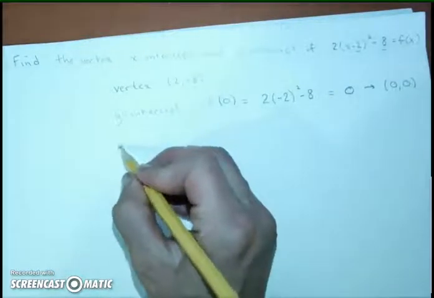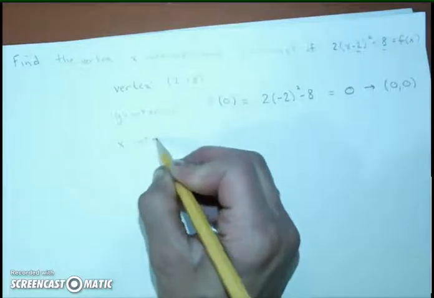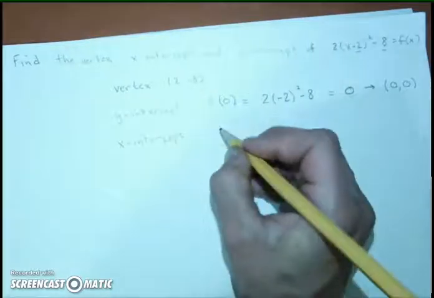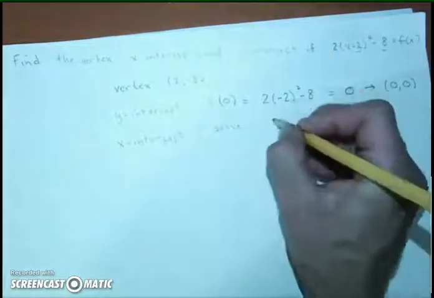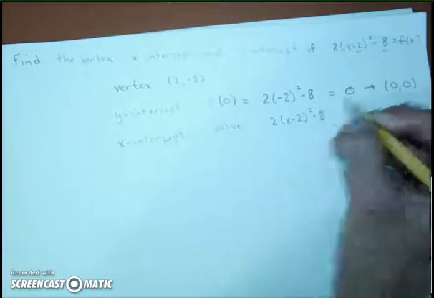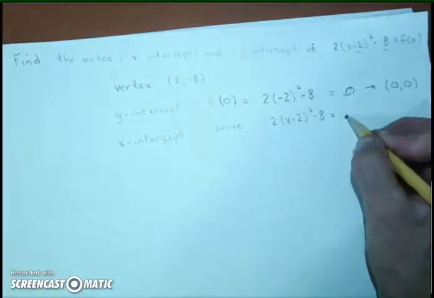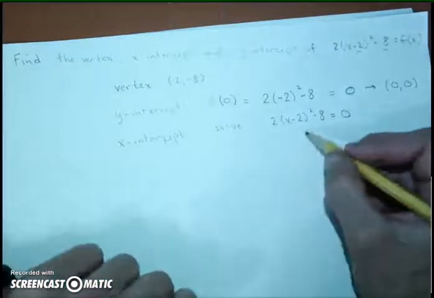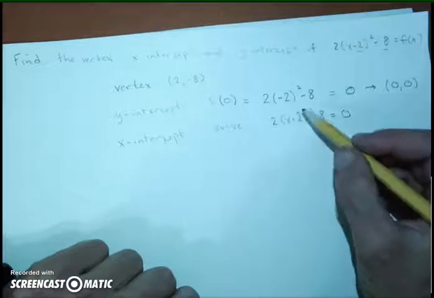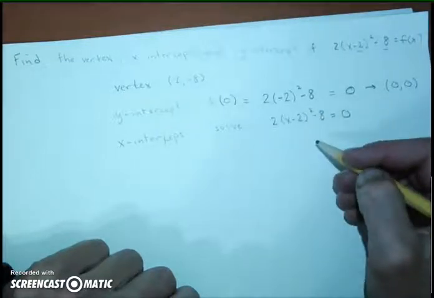To find the x-intercepts, we need to solve the equation, which we obtain by setting the equation for the parabola equal to 0. So I could multiply this out and factor it, that's what we normally do, but since it's in this completed square form, we can actually solve it by using perfect squares.